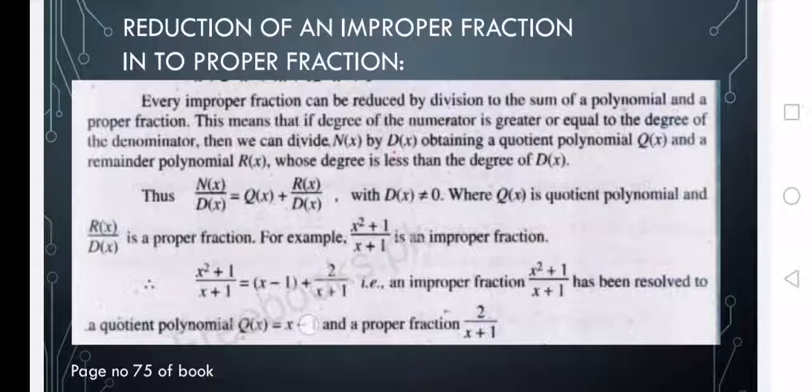So here we will have four terms: the numerator, the denominator or divisor, the quotient, and the remainder. After long division we will write Nx by Dx is equal to Qx plus Rx divided by Dx.